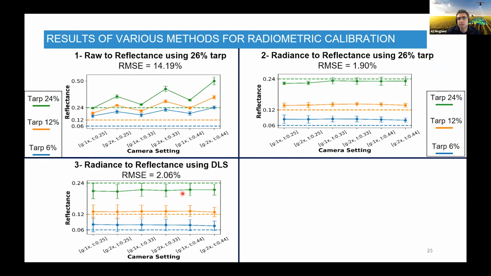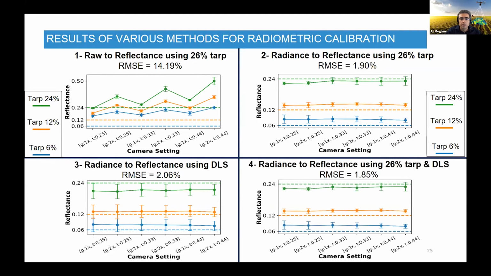It might be because, for example, the downwelling sensor is not calibrated well, or because the angle between the sun and the downwelling sensor might vary across the course of imaging. And this is what the company, MicaSense, recommends: use a combination of panel and downwelling data. So you can see that we got the lowest RMSE across these 4 approaches that we tested, and the reflectivity gets closer to the actual value with lower standard deviation, and it is also consistent across different camera settings.